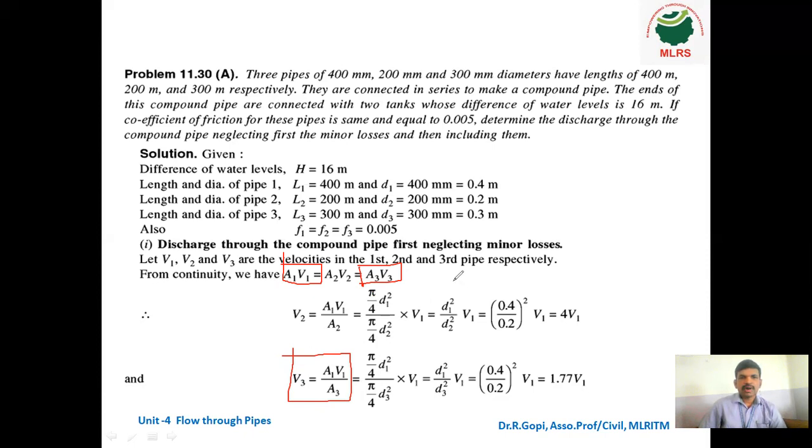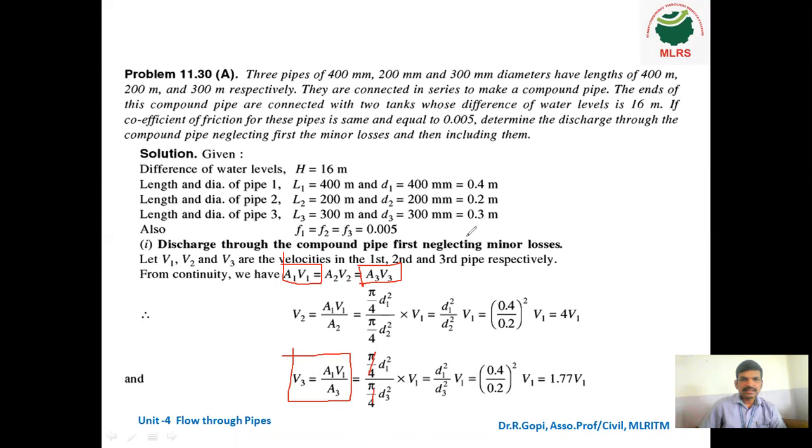Therefore, pi by 4 and pi by 4 get cancelled. D1 square divided by D3 square into V1, which is equal to 0.4 divided by 0.2 the whole square into V1.